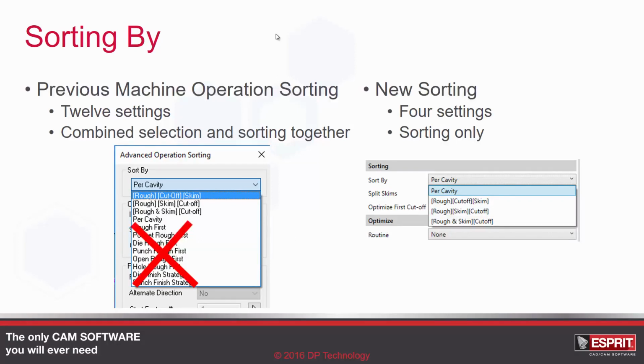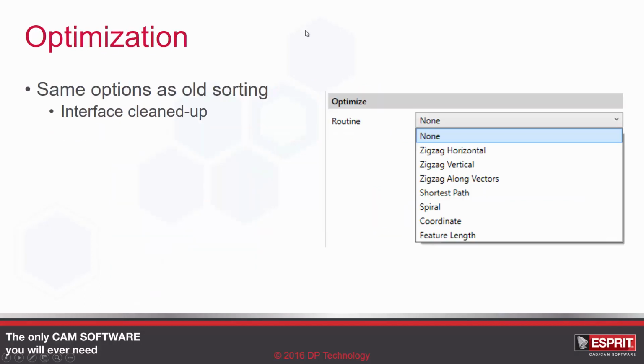So you can see we have now only 4 settings because we're only dealing with the sorting type. So we have per cavity, and then rough cutoff skim, rough skim cutoff, or rough and skim and cutoff. So we're able to simplify matters by separating the selection from the sorting.